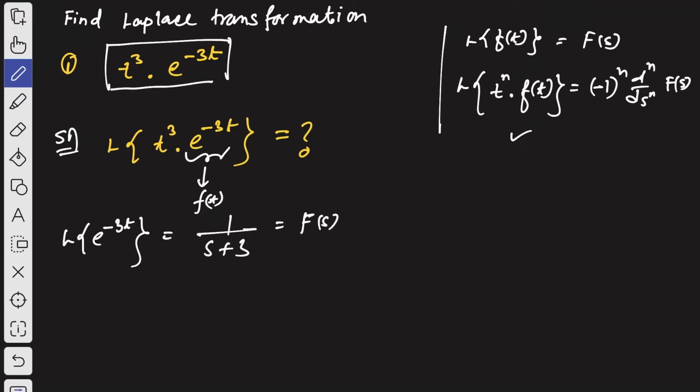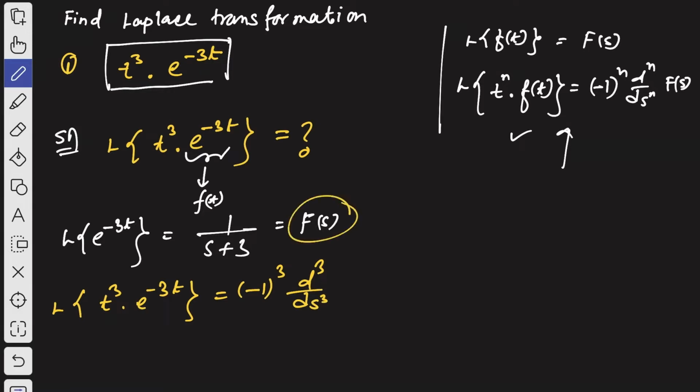Then according to this theorem, the Laplace transformation of t to the power 3 e to the power minus 3t should be minus 1 to the power 3, here n is 3, and the third order derivative with respect to s of F of s, here 1 by s plus 3.